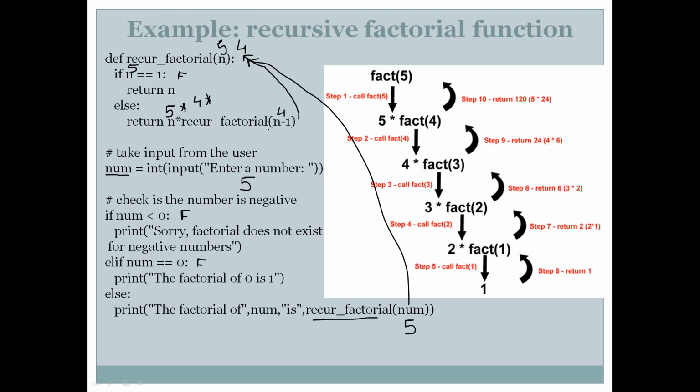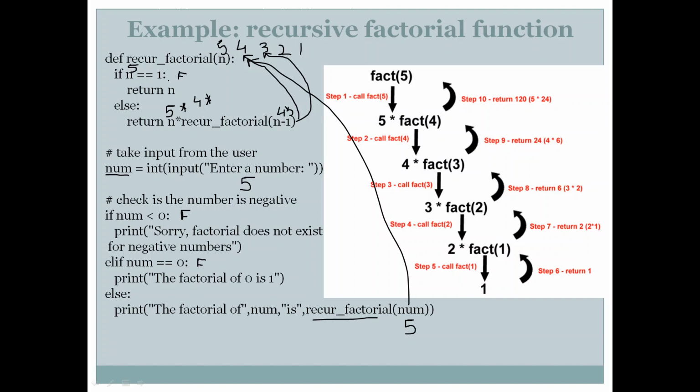again recur factorial by passing n minus 1. So next time it will pass the value 3, 4 minus 1. From here again it will call recur factorial, and now the value which is passed is 3. In the same way it goes on calling for values 2 and 1, and when we pass 1 here, this condition will become true.